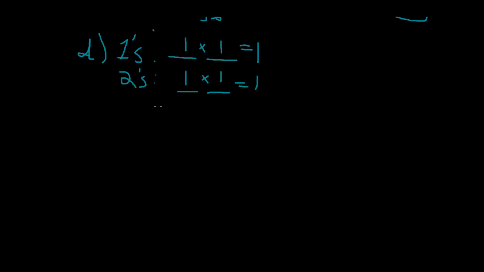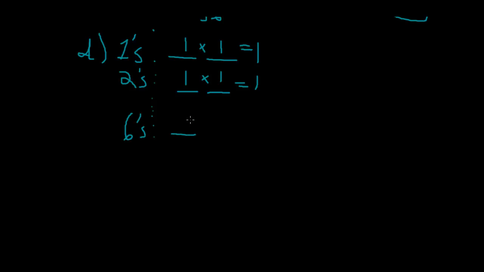So if we roll 2 1s, the first die has to be a 1, and the second die also has to be a 1. So that's 1 outcome. Rolling 2 2s, the first die has to be a 2, and the second die also has to be a 2. That's 1 outcome. Keep doing this until 6s.